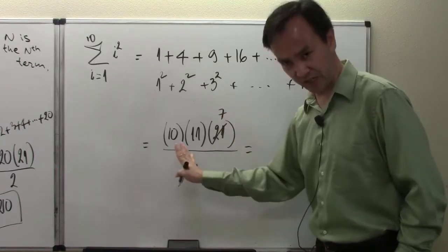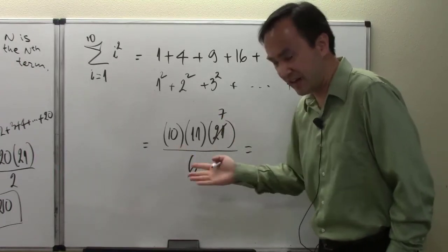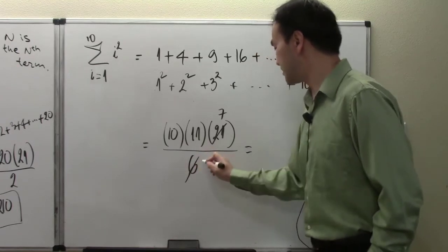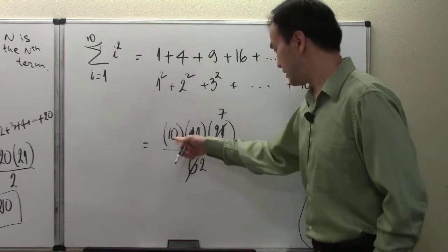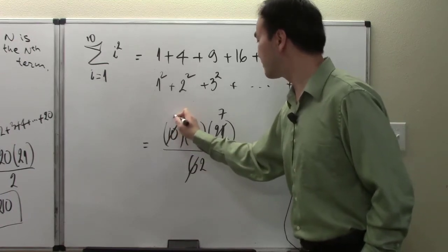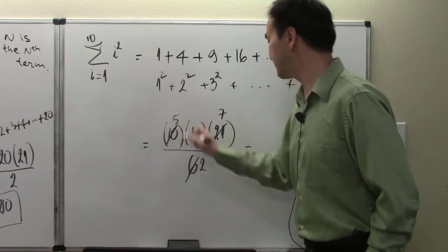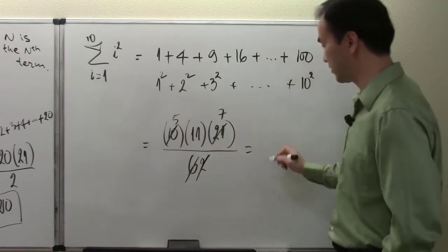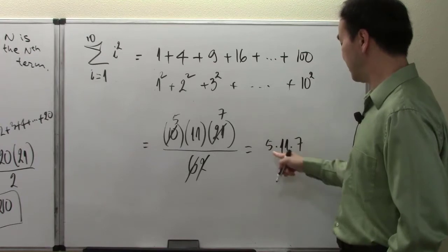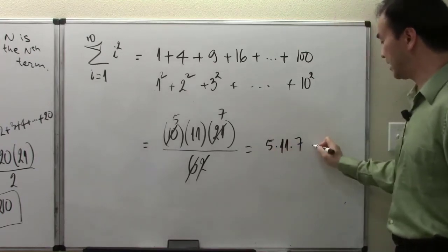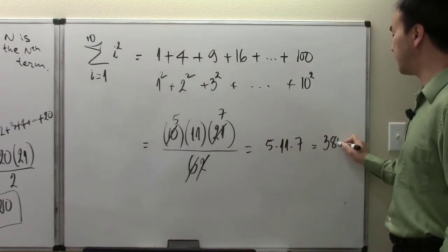I'm doing it live, so I didn't have a calculator prepared here with me. That cancels the 3 away and leaves me behind a 2. The 10 has a common factor 2 right here, so that cancels and leaves a 5 behind. So in the end, we're looking at 5 times 11 times 7. And 5 times 7 is 35, times 11, we're looking at 385.